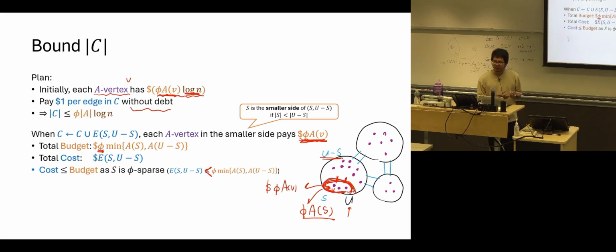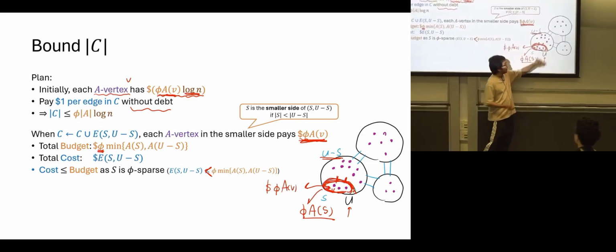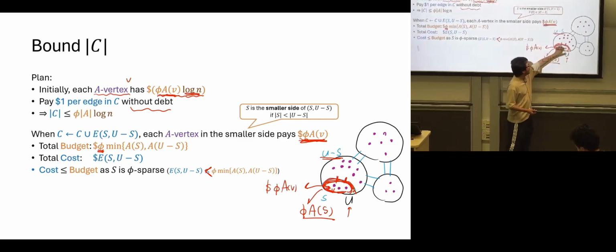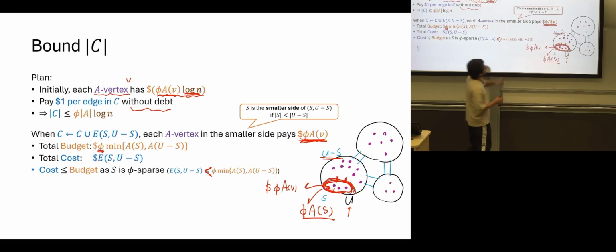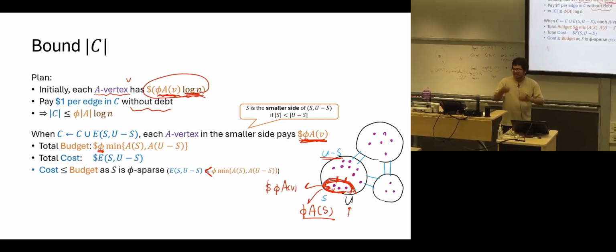So what do we have so far? When I introduce some new cut, I will use the money that I have from the beginning here. I kind of decide how things pay off.